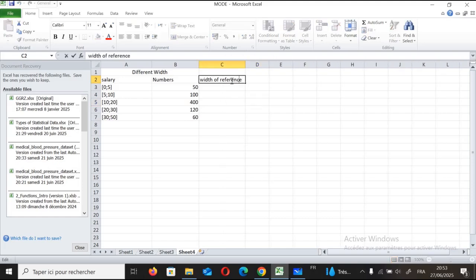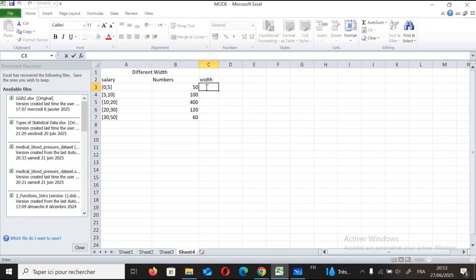The widths are simply 5, 10, 10, and 20.